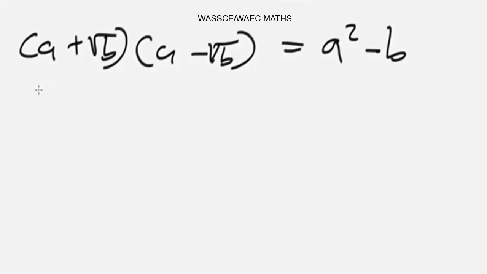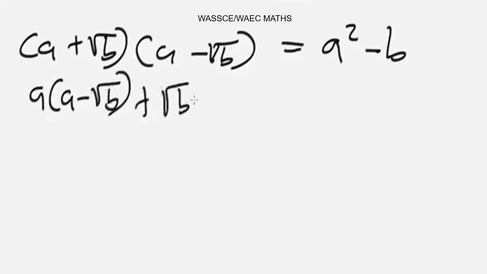So this is going to be A in bracket A minus square root of B, alright, plus square root of B in bracket A minus square root of B.